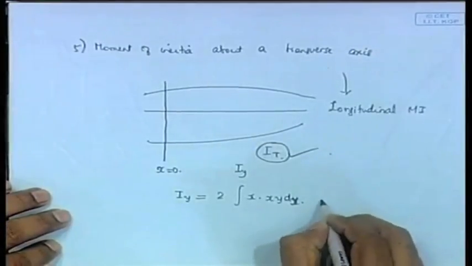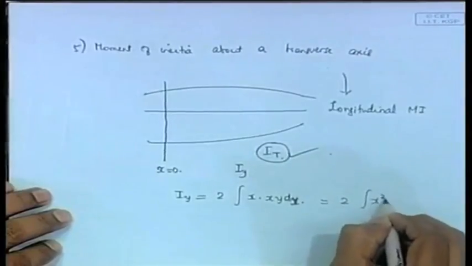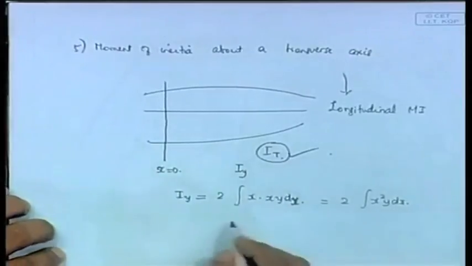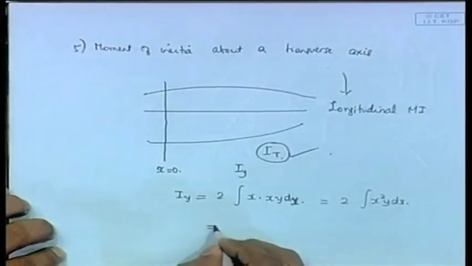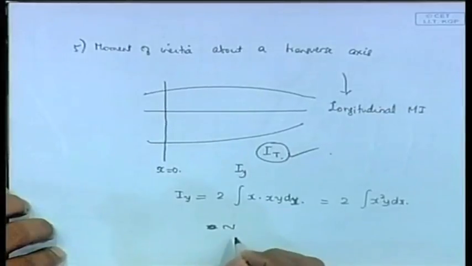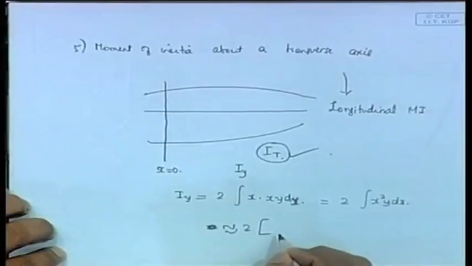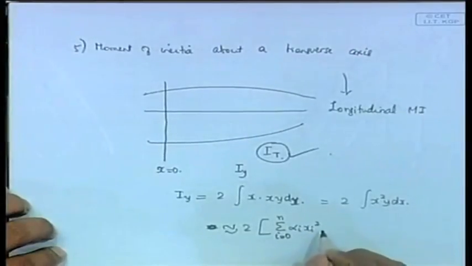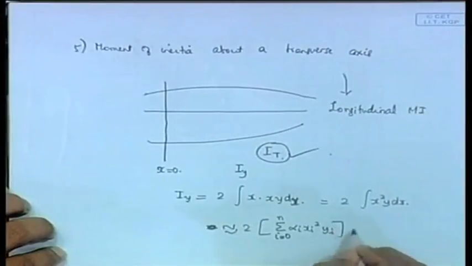It is the second moment of inertia, so it is 2 into x squared y dx, okay. So this is equal to, in a discretized form it becomes 2 into sigma i equal to 0 to n, alpha i x i squared into y i into delta L, okay.